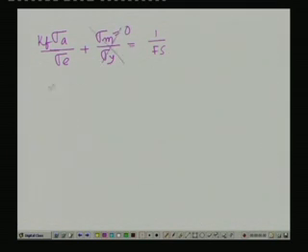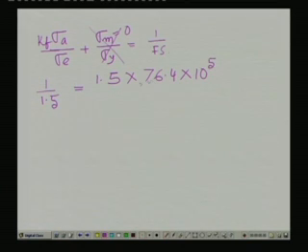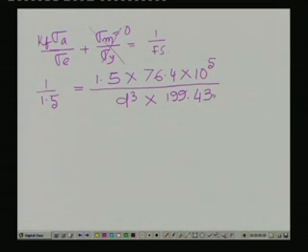So, if we put all the situations in order, then 1.5, the factor of safety, is 1.54 multiplied by 76.4 into 10 to the power 5 divided by d cube into 199.43.